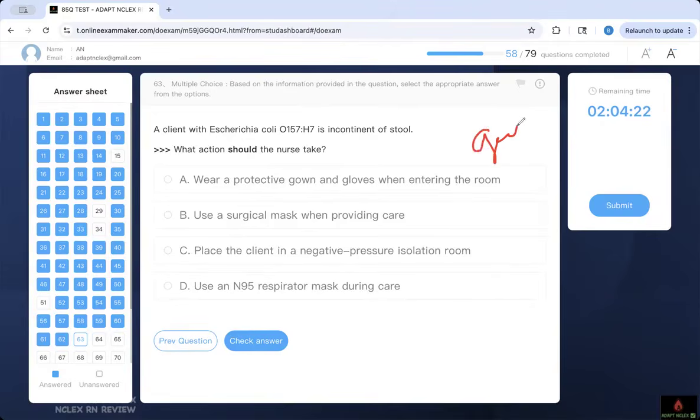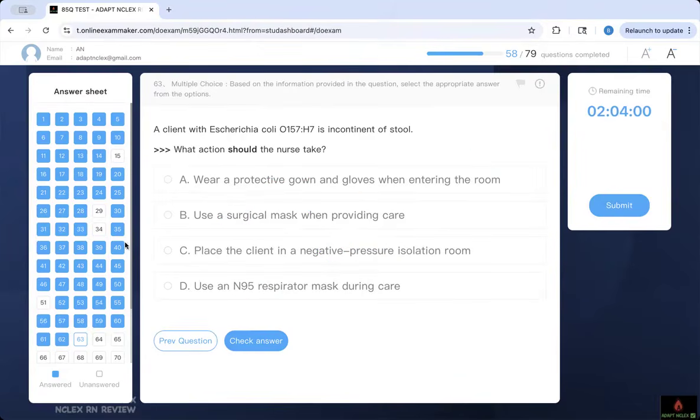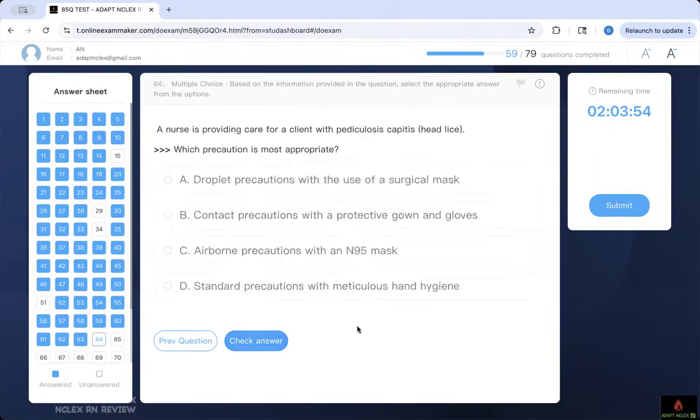I need a gown and gloves. I don't need a mask. So protective gown and gloves when I'm going to the room. Surgical mask is out. Negative pressure room, I don't need that. And N95, I don't need that. You see, if you do that, these infection control questions are a freebie. You will ace them, no matter what.